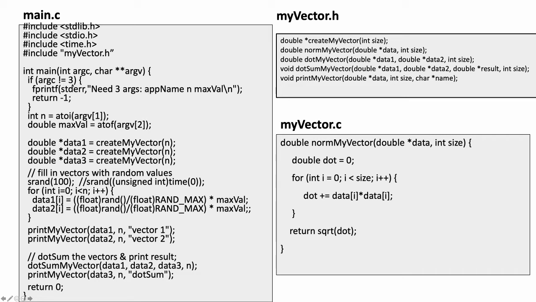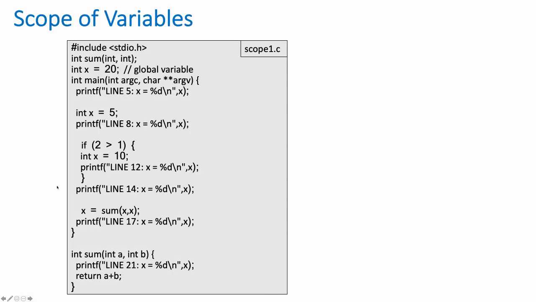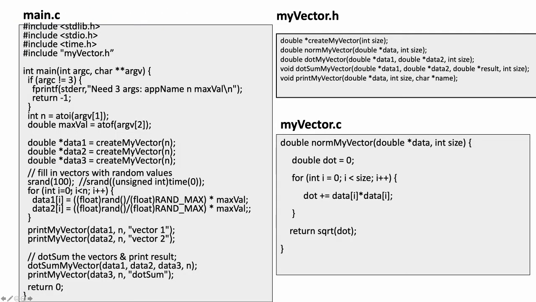If they don't input 3 arguments, I'm going to give them a little error message and return a negative value, so I don't always return 0. Return 0 is the default that the program was a success. If I return something else, it's an error. And applications that actually invoke these applications will know that the application returned an error.